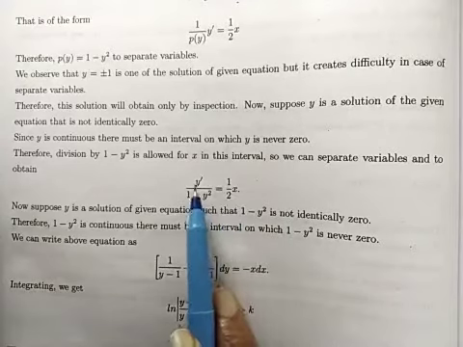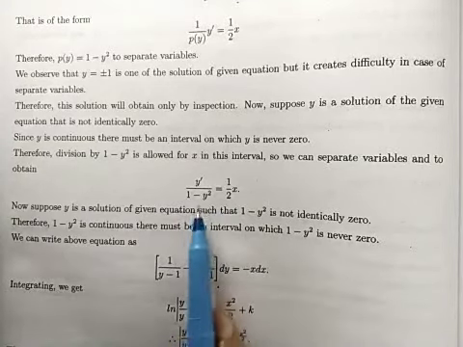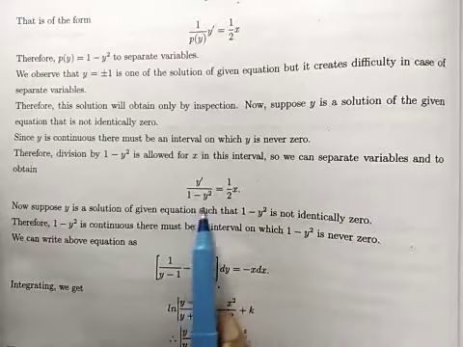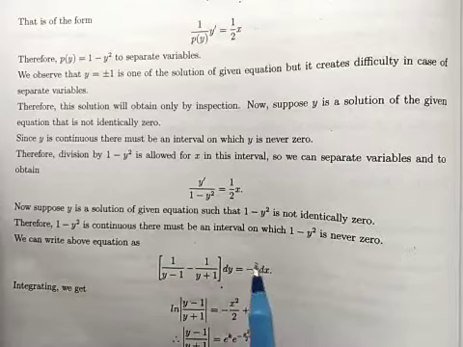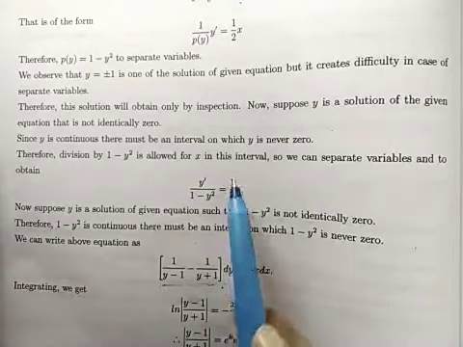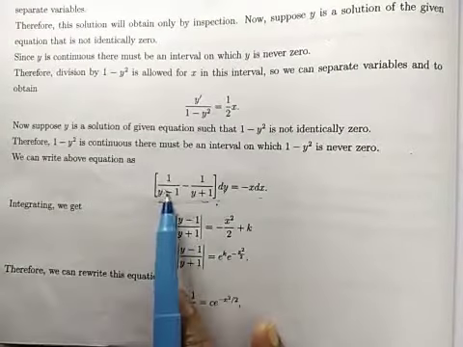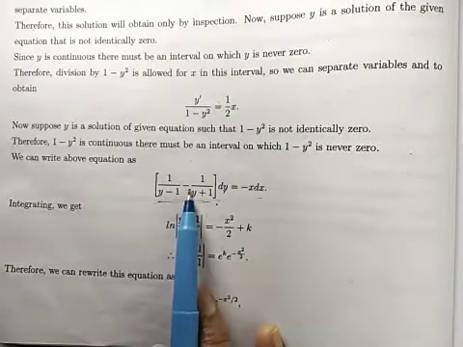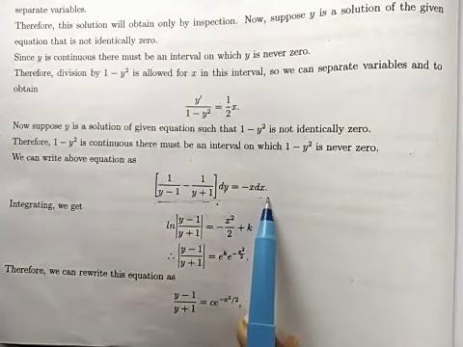Here this 2 can be adjusted, because 2 upon 1 minus y square, and minus sign is adjusted here. You can simplify this and check that both equations are the same. After integration it gives log of y minus 1 minus log of y plus 1 is equal to minus x square by 2 plus k.